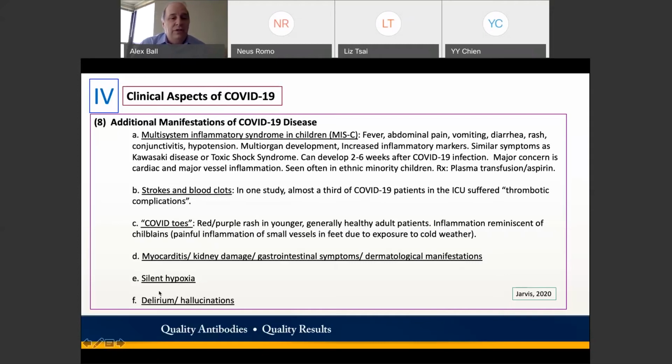And then, as we're seeing now, particularly in patients coming off the ventilator, the ones that get off or have been in the intensive care unit, is this notion of delirium and hallucinations, which gets back to the possibility of infection or some effect on the central nervous system. So we can see that COVID-19 was initially seen as largely a lung disease, but now it can be appreciated as a multisystemic disease.